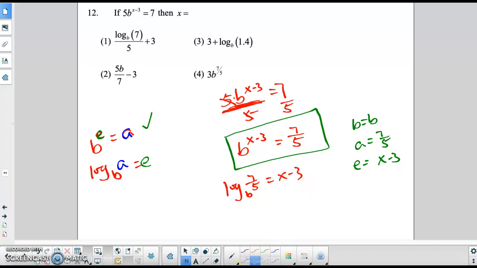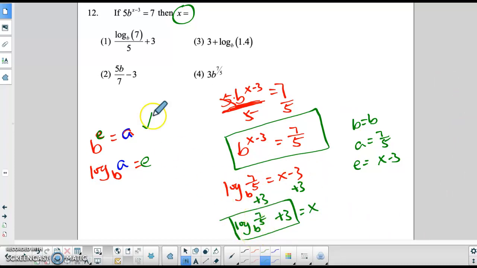Okay, so we are so close right now. Now, we want to get x by itself. If you look at the question, that means we need to add 3 to both sides. All right, so let's just copy down, and then we can do evaluation later. Log base b of 7 over 5 plus 3 equal to x. All right, so this is our answer.